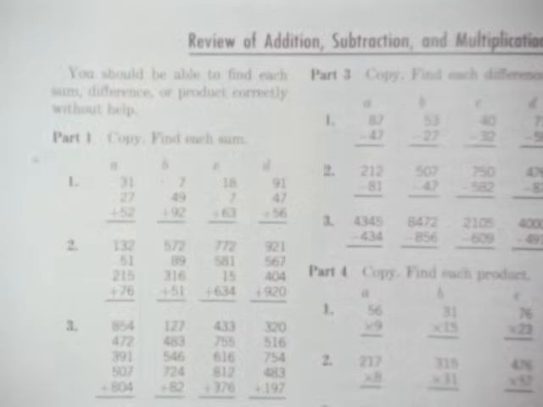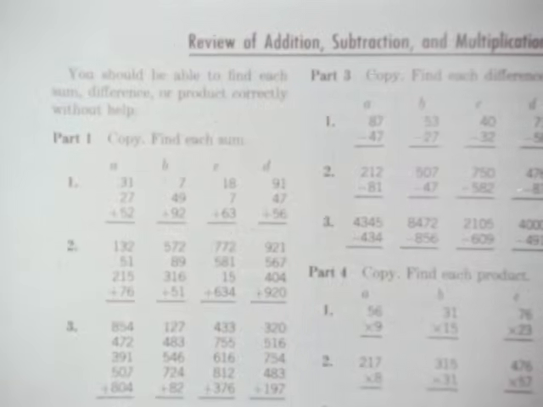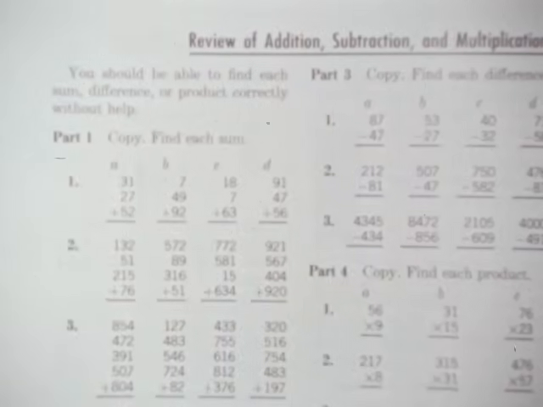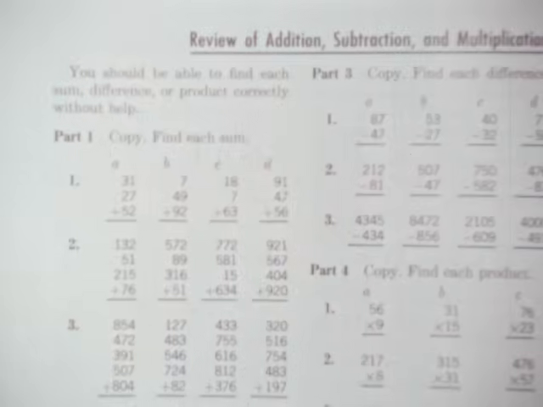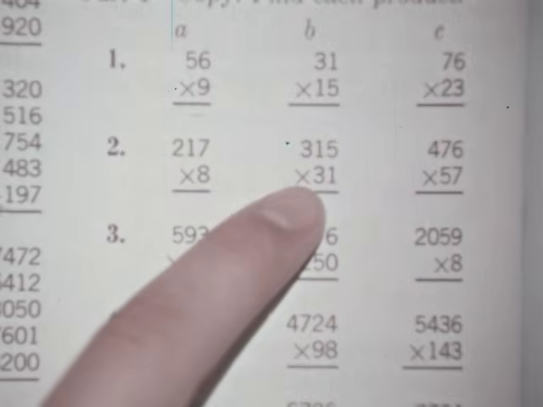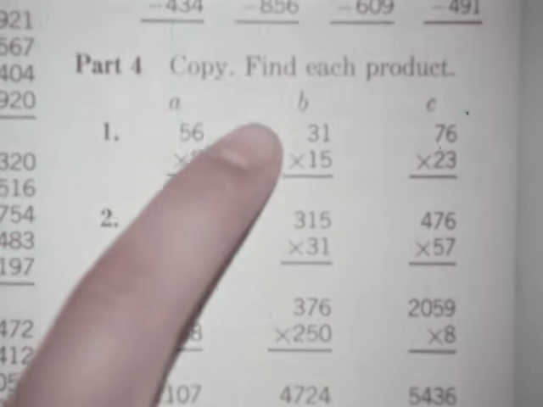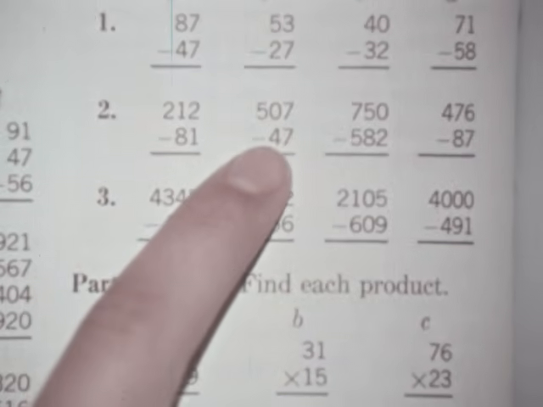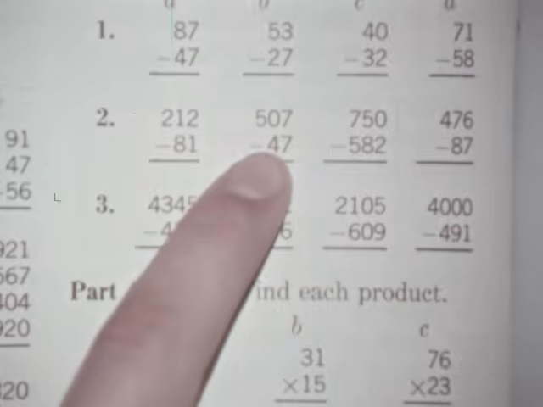Once you know what a symbol means, you have a clue for what to do next in math, provided the symbol is stated. Here you add. Here you multiply. Here you subtract. Here you divide.